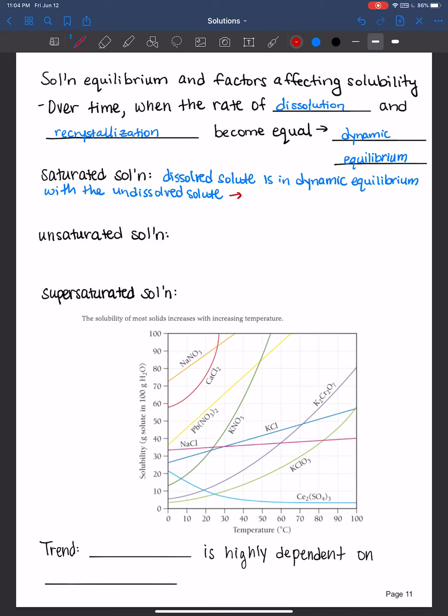So if we have a saturated solution, adding more solute will not increase the concentration.